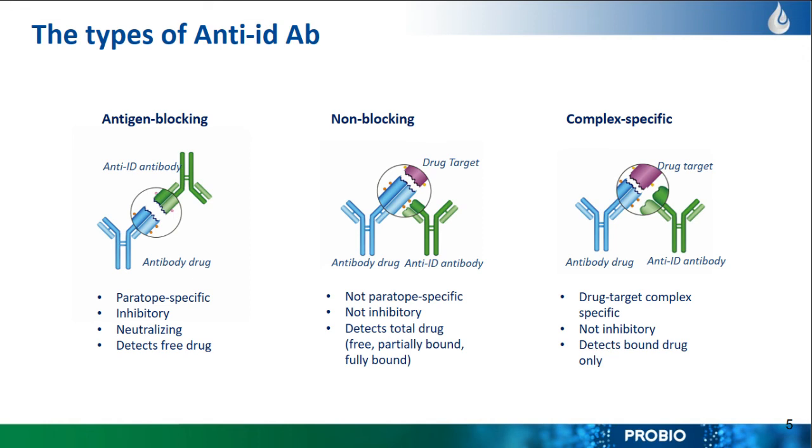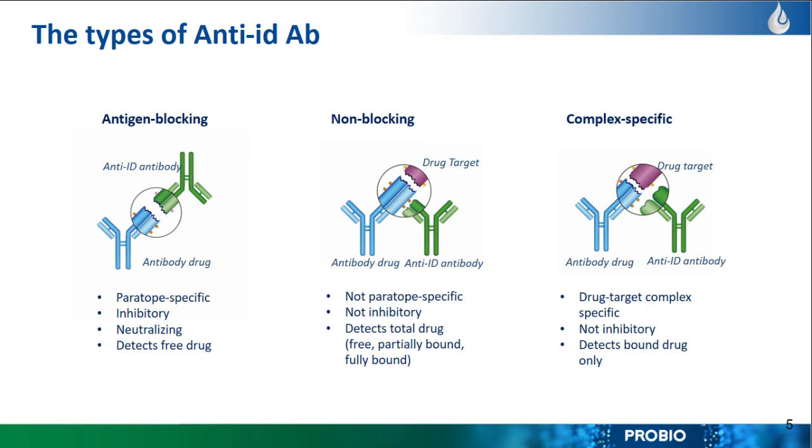Based on the recognition interface on the drug, anti-id can be further categorized as antigen blocking, non-blocking, and complex specific. When the anti-id binds to the drug through the CDR region, it will compete against the drug target and only bind to the free drug.